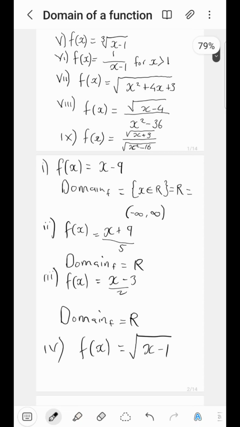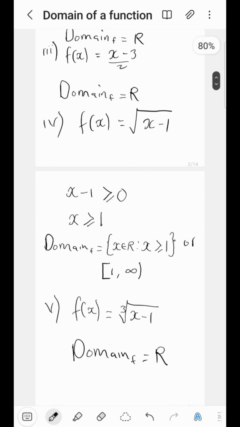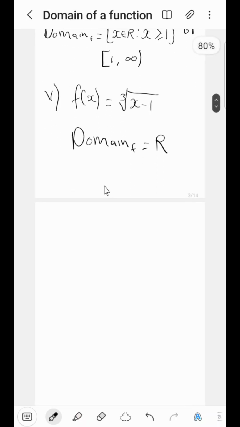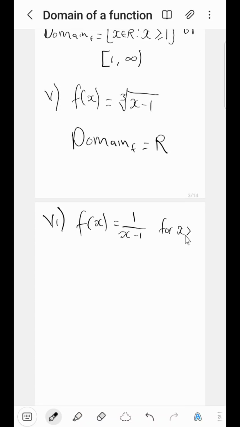Example 6 is f of x equals 1 over x minus 1 for x greater than 1. We know that for a function to be defined, we're not supposed to have 0 on the denominator.